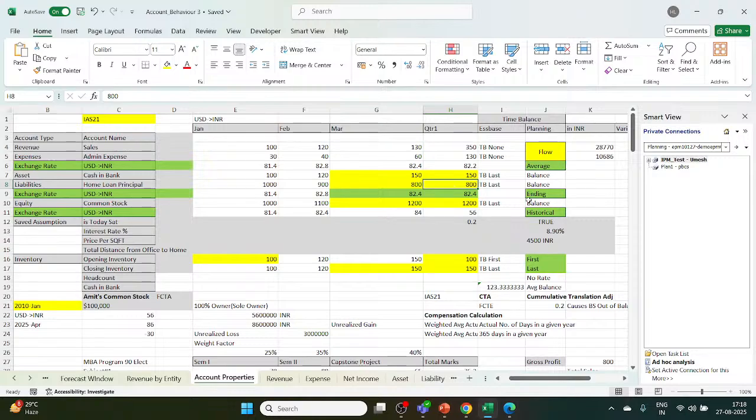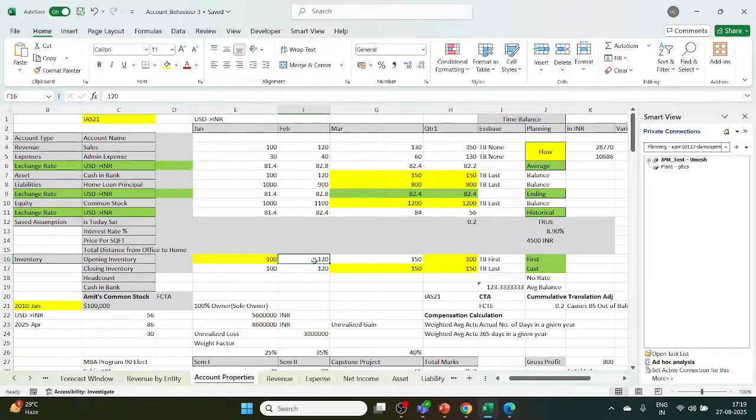We have discussed the balance property. So now we will understand the first, what is actually the first, like our opening inventory. Our opening inventory is 100 rupees.